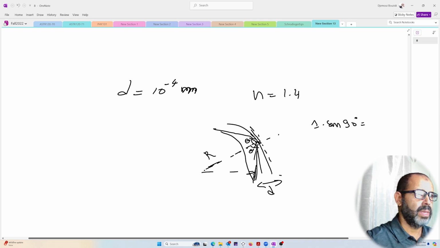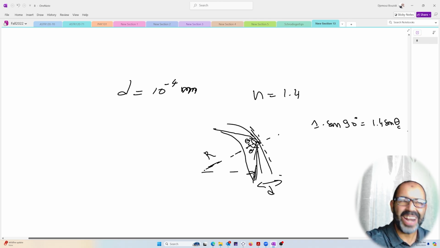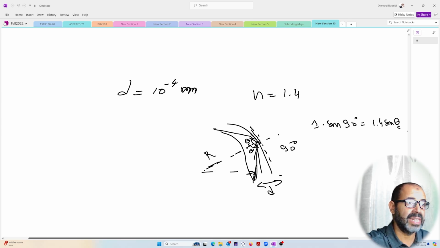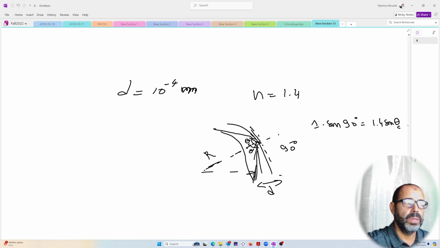This will give me the minimum angle of incidence, which is 1.4 times sine of the critical angle. So we need to come at a critical angle theta c in such a way that the angle of refraction outside the medium is 90 degrees, meaning it doesn't leave, it stays inside. So this is the minimum angle, I'm sorry, the maximum angle that we need to go to.